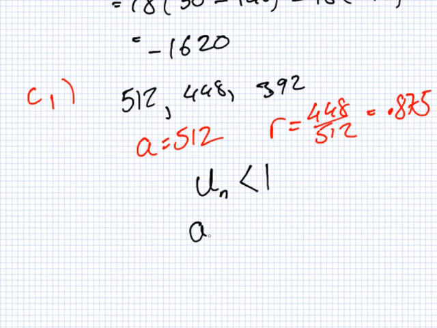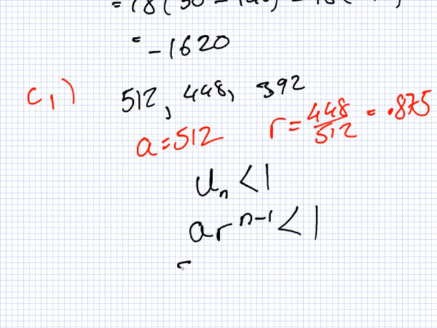So when will A r to the n minus 1 be less than 1? Is it a limit? Kind of, but you could make it equal 1 if you wanted to, and then solve it. Kind of a limit, not quite. When is this less than 1?